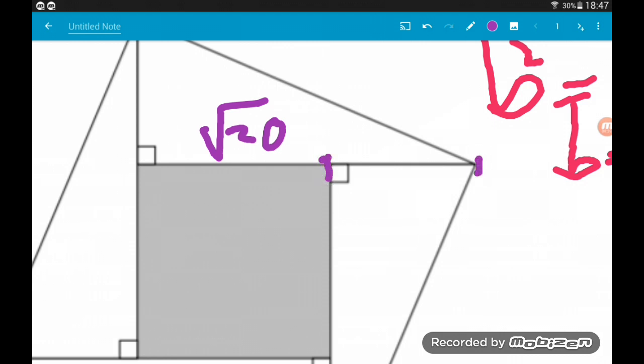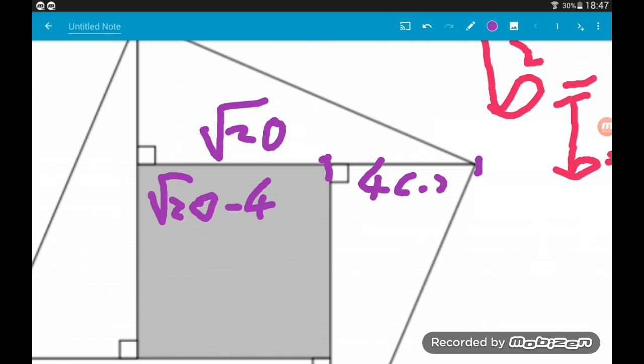Now we know that this length is 4 centimetres. So the side of the square is root 20 minus 4 centimetres long. So now that we know the side length of a square, this is now just boiled down to a cheeky surd expansion.